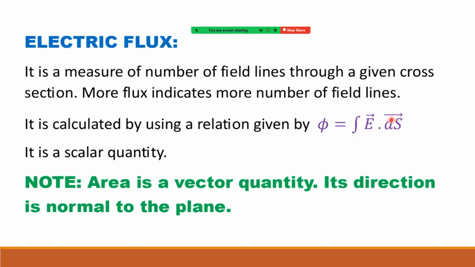Okay. The direction of the area vector is normal to the plane. And since it is a dot product, flux is a scalar quantity. Okay. And here note, area is a vector quantity. Its direction is normal to the plane. So this is about electric flux. Okay.